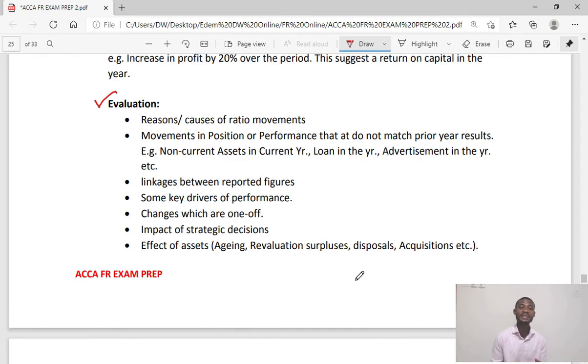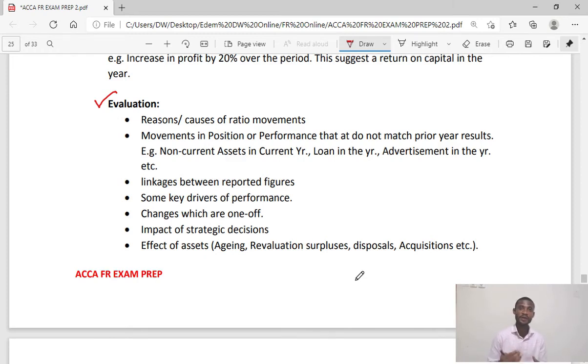Or you are looking at aging assets. Maybe the assets are in their latter years of useful life. And because of that, their carrying amounts are much lower compared to prior years. And you are analyzing the return on capital employed.